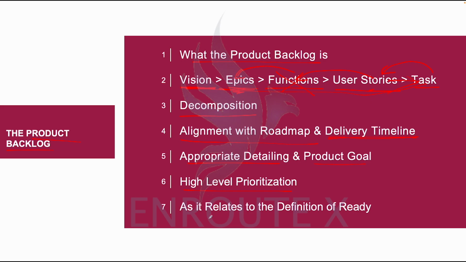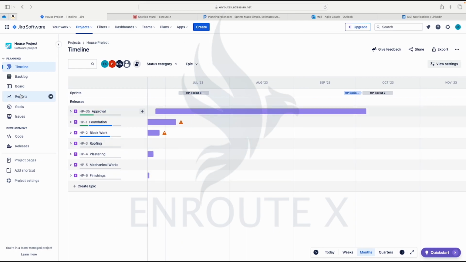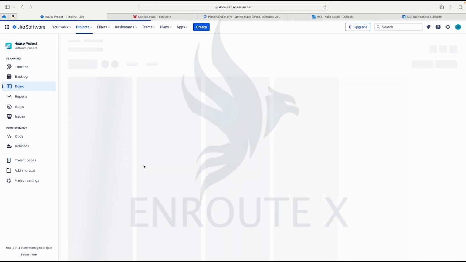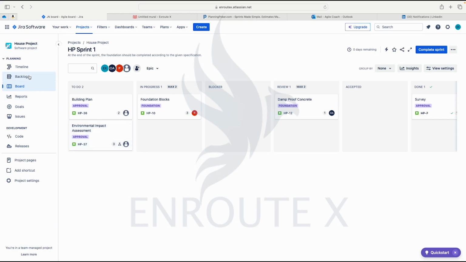Then lastly here, as it relates to definition of ready, we've discussed definition of ready when we were discussing sprint planning. And definition of ready is where each of the story is ready to sprint.